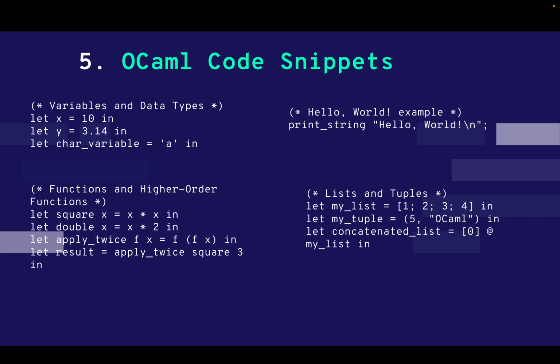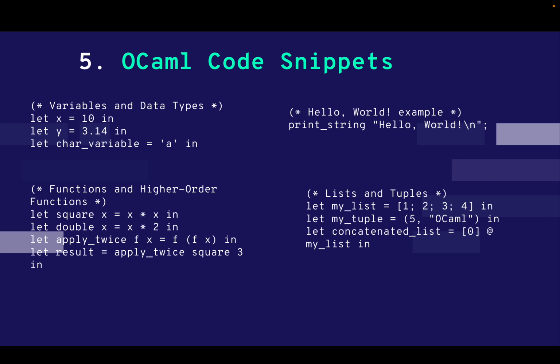Now let's take a look at these OCaml code snippets. So in the top left corner, we have something simple, which is variables and data types. And compared to functional programming, the way you declare a variable is by saying let x or let y.